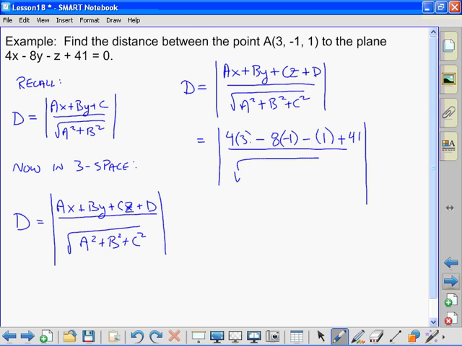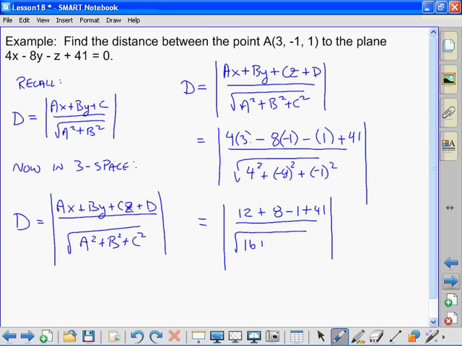That's going to be over the square root of 4 squared, negative 8 squared, negative 1 squared. So on top I end up with 12 plus 8 minus 1 plus 41. And in the denominator, I have 16, 64, and 1.